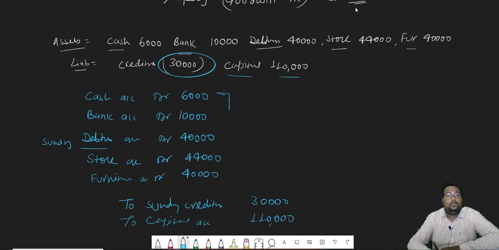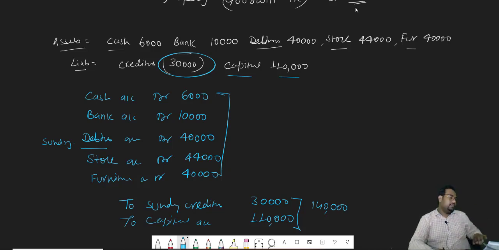Now what to do? Because it is the opening balance, it is your opening entry. So you just find out the total of this side and the total of this side. So 1,10,000 plus 30,000 is 1,40,000. What is the total of the debit side? Find out.